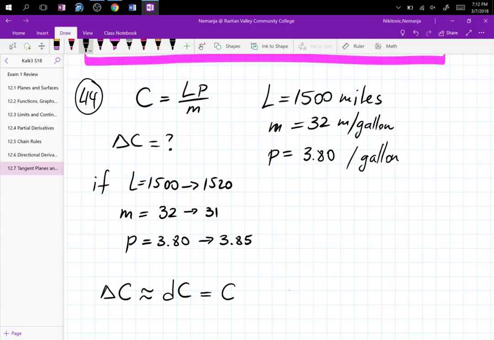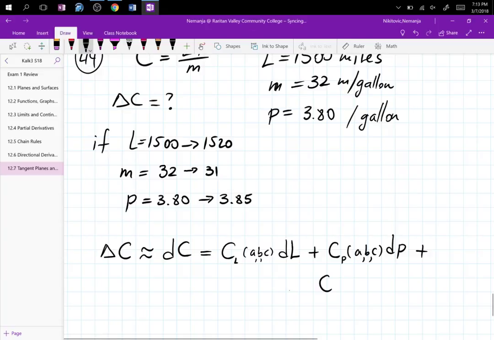It's going to be the cost function's derivative with respect to L, computed at these points, which we can call (a,b,c), times the change in the length of the road trip, plus the partial derivative of cost with respect to gas price computed at (a,b,c), times the change in the gas price. And finally, plus the partial derivative of cost with respect to gas mileage computed at (a,b,c), times the change in gas mileage.